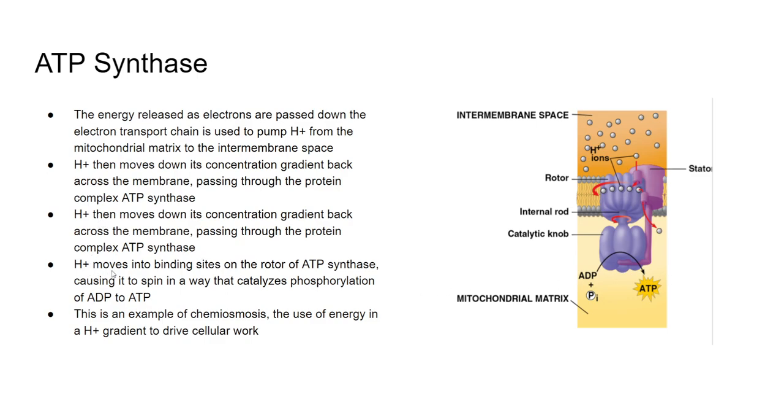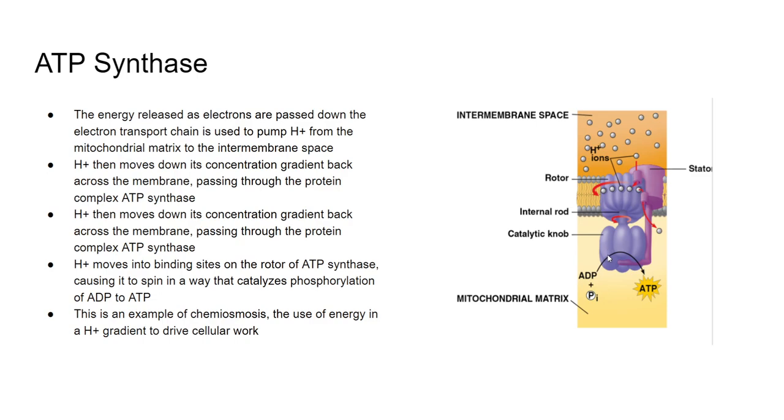The H plus moves into the binding sites on the rotor of ATP synthase, which causes it to spin in a way that catalyzes phosphorylation of ADP to ATP. And this is an example of chemiosmosis, the use of energy in an H plus gradient to drive cellular work, right? There is a positive surplus of H plus outside of the cell, and there's a negative gradient of H plus inside of the cell.